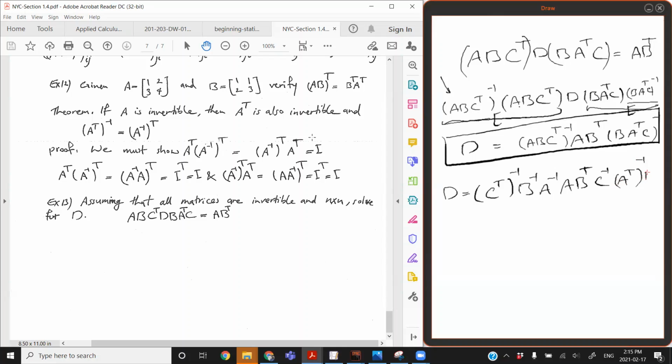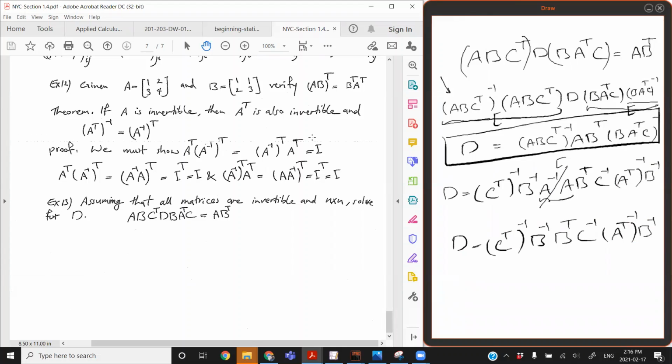And finally, I have B inverse. The only thing that I can simplify is here, I can replace that with I. So D in the most simplified form is C inverse transpose, B inverse, B transpose, C inverse, A transpose inverse, and B inverse.